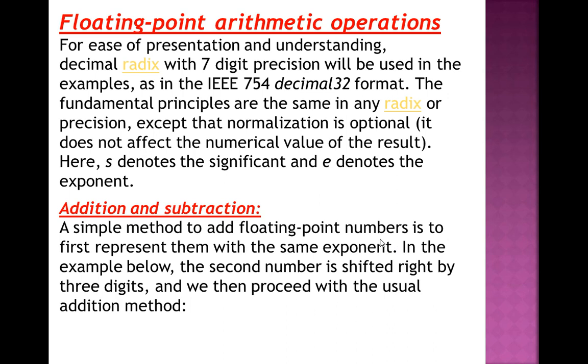That becomes the easiest way to perform any arithmetic operation. In the example below, the second number is shifted right by 3 digits, and then we proceed with the addition.